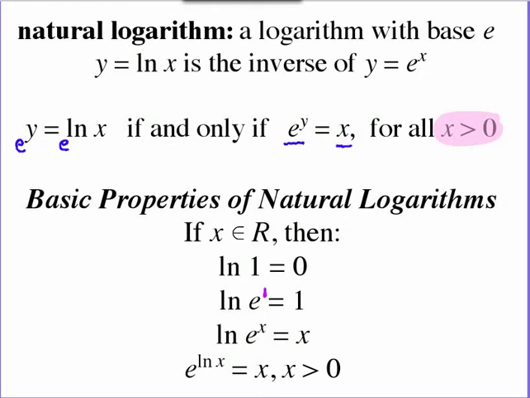The natural log and the e cancel each other out, so that's going to leave me with just x equals x. And then on the bottom, when you have e to the ln of x equals x, the reason is because these cancel out. That leaves you with x.